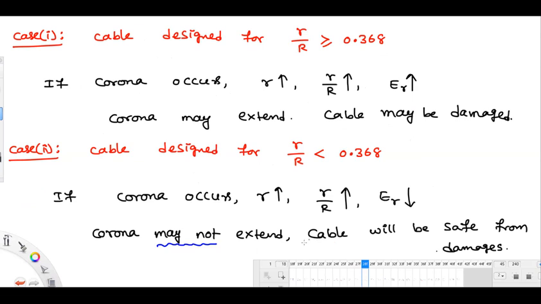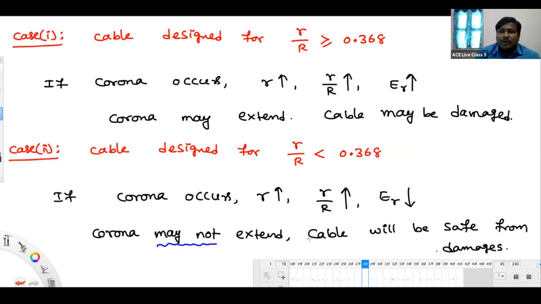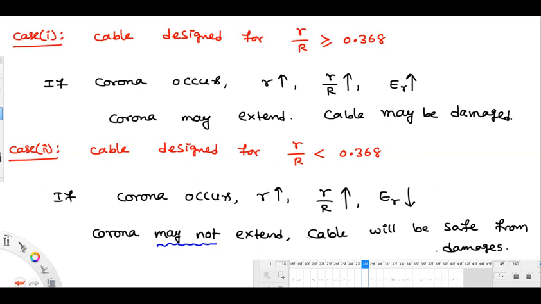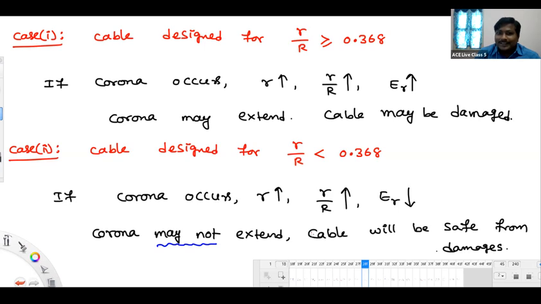Hello, sir. If we use the cable for a practical inductive load, will it improve power factor? Which power factor? Power factor of the load, who will decide? Load will decide.